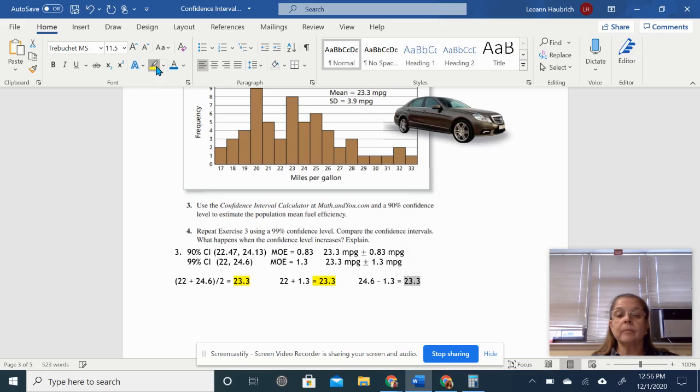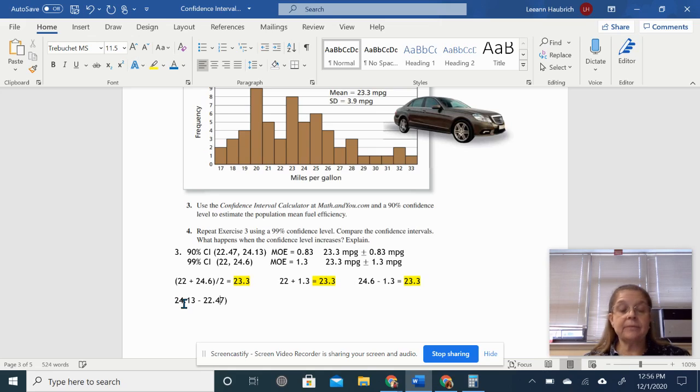So there's a lot of correlations with all of the pieces, working forward or backward, whatever you need to do. If I know the confidence interval and I get the difference, so let's take the first one, 24.13, and minus from that 22.47.